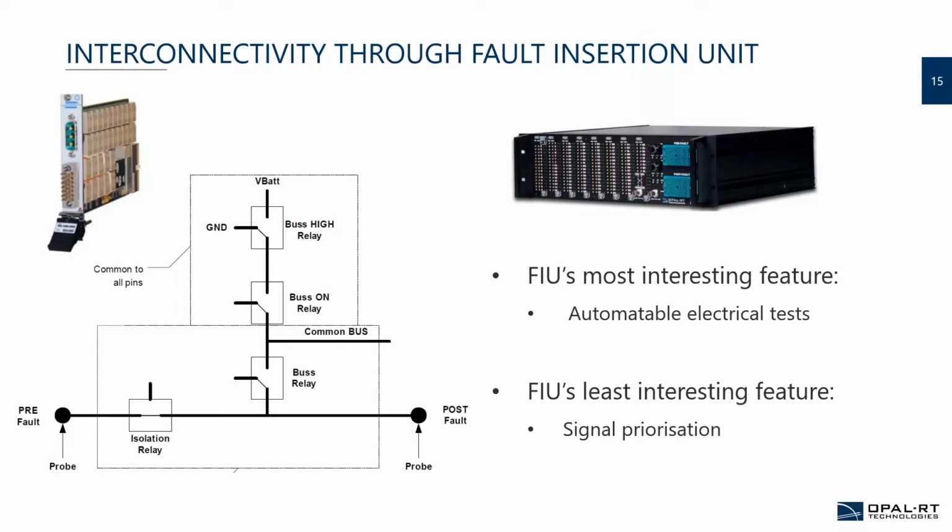For example, you might want to simulate an open signal, an open wire, so a loss of your sensor, for example, and see how the controller reacts. Also to short two signals together, again to see how the controller reacts, and so on.